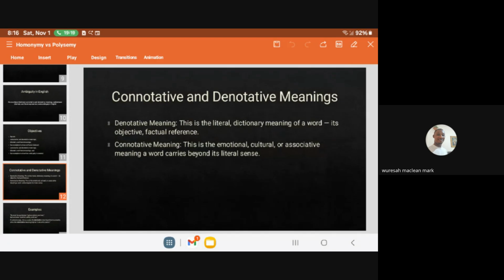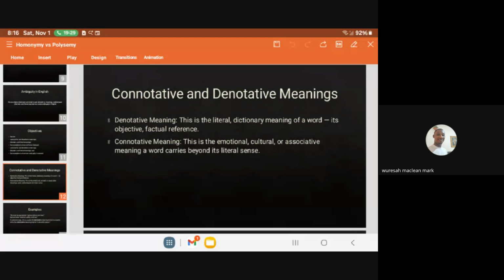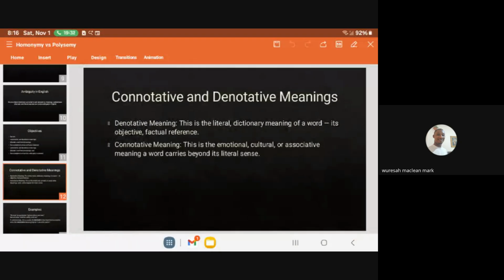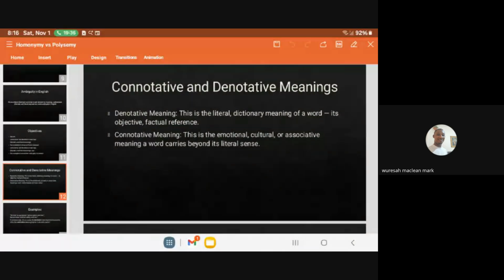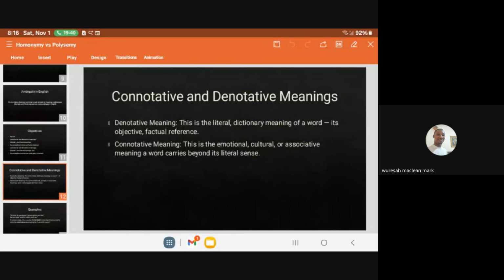But when you come to the connotative meaning, here it is not about the literal meaning. It's not about the general meaning. It's not about the straightforward meaning, but rather maybe emotional. In order to really get the meaning, you might consider the emotional, cultural, or associative meanings of that particular word. So it goes beyond the literal sense.